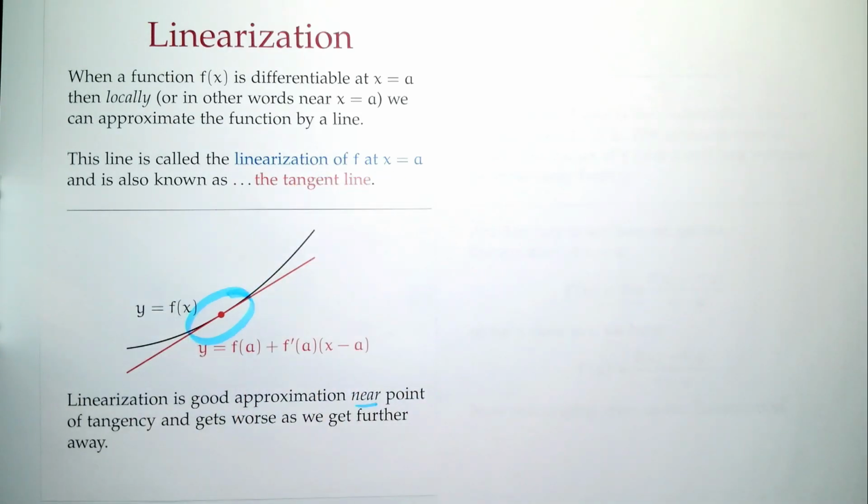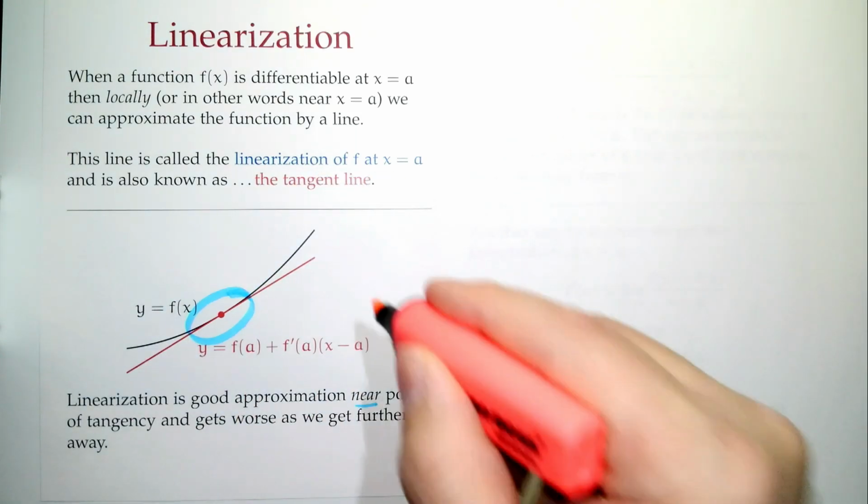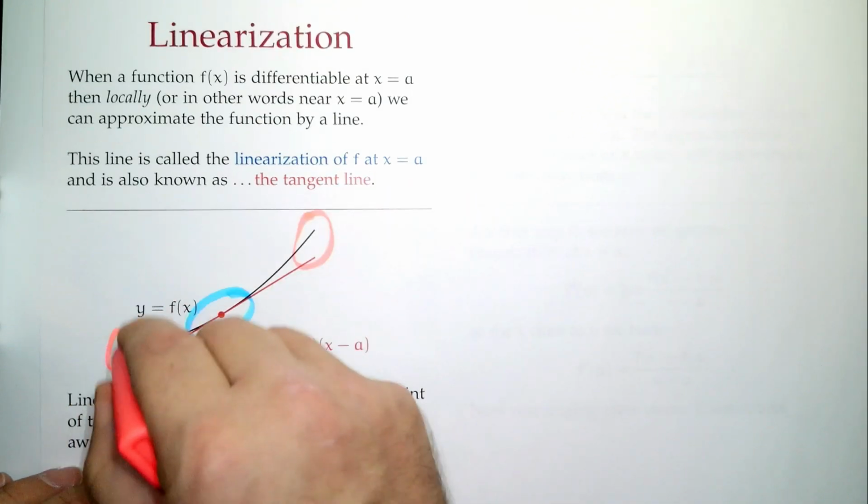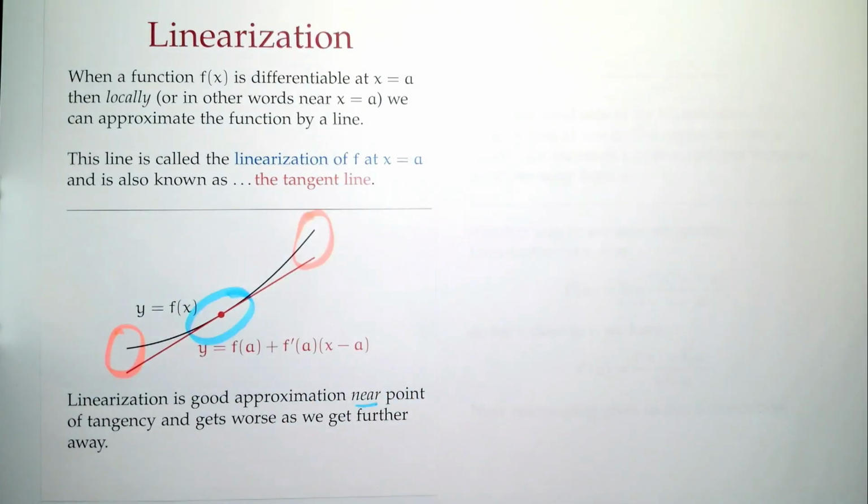But as you move farther away, the function and the line start to get very different from each other. So linearization is only good when you're near. The further out you move, the worse it gets. And that's okay. That's logical, because we had to zoom in. So we're saying, to zoom, you have to be nearby.